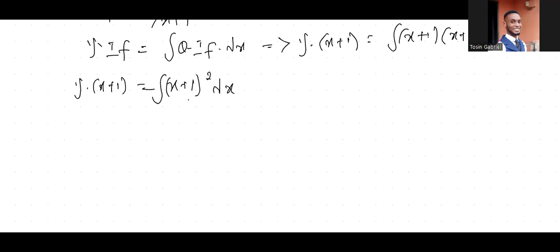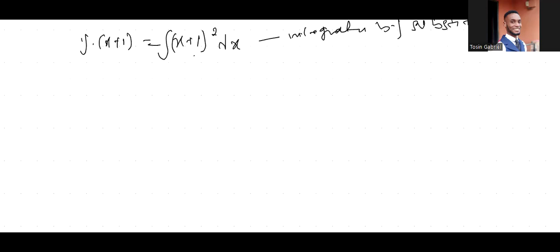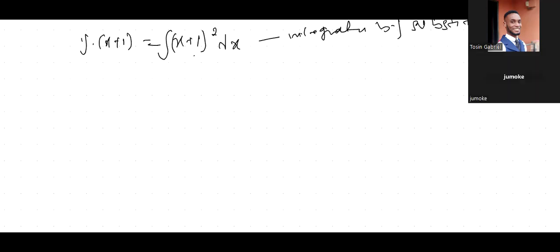All right, the same way we are going to use integration by substitution. So for integration by substitution, we say let u be equal to x plus 1.